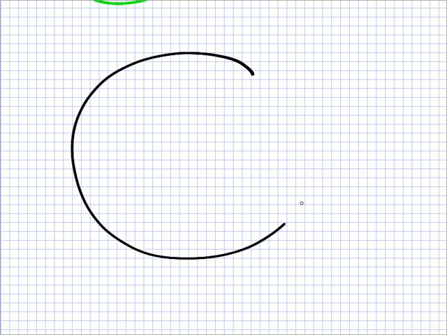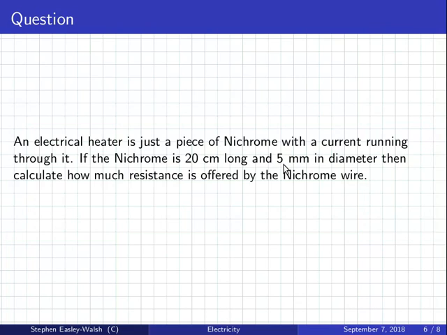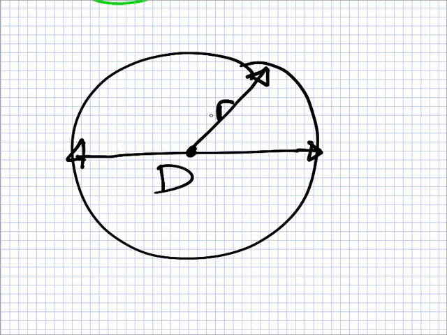No. Okay, thank you. Circle, right? What's this called? Now don't say it, anybody. Chow, what's this called? Diameter. Good. And what's this called? Radius. Good. Radius, diameter. The diameter is 5. So the radius is 2.5. Yes. Correct.